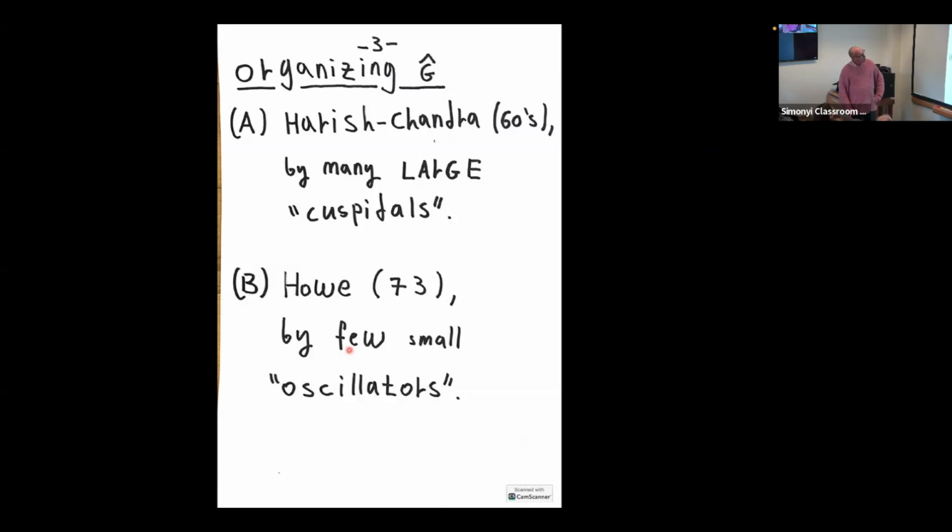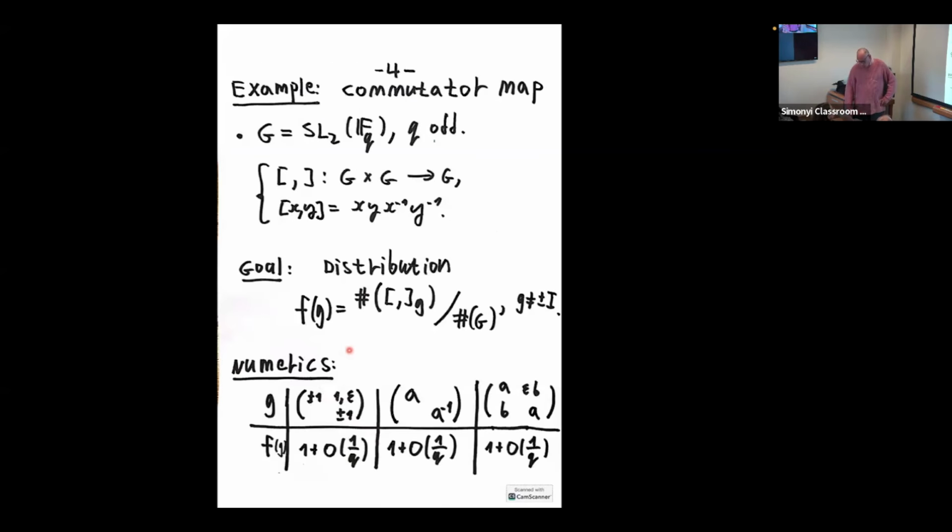So I want to work with an example, so you can in some sense judge some choices that we are making in this theory. So I'll study this problem of the commutator map on our group SL2(Fq). So for every two elements X and Y in the group, you can build the commutator.